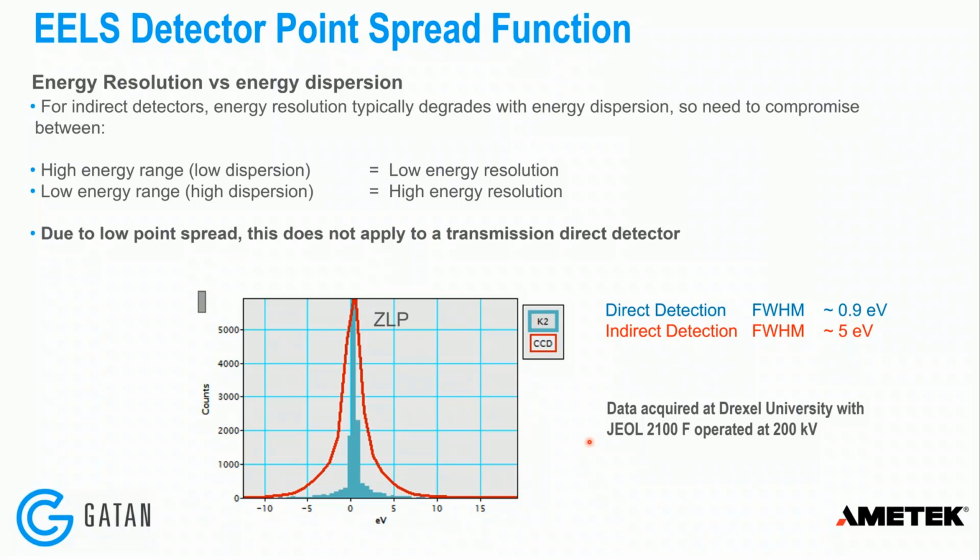You can see that even at low dispersion, the direct detector full width half maximum is still very sharp. We have around 0.9 eV full width half maximum for the K2 ZLP, whereas for the CCD ZLP, the full width half maximum is way worse, approaching 5 eV maybe.